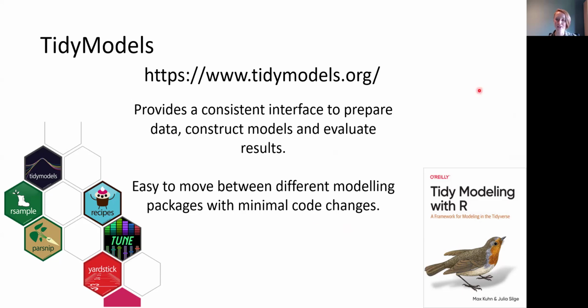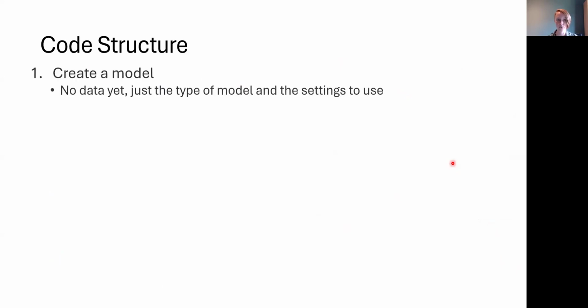I don't have loads of time to go into loads of details on this, but if you want more details, you can go on their website or find their book or come along to the machine learning course in July. But essentially, some key things to say quickly about this: Tidymodels works in a slightly different way to how you might usually expect when coding in R. What we do is create essentially an empty model first.